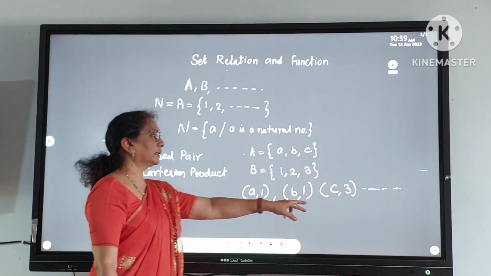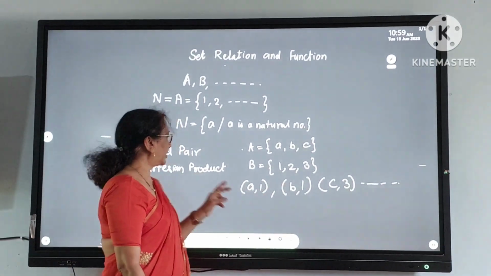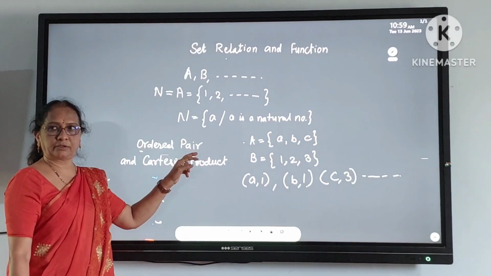All these pairs are called ordered pairs.